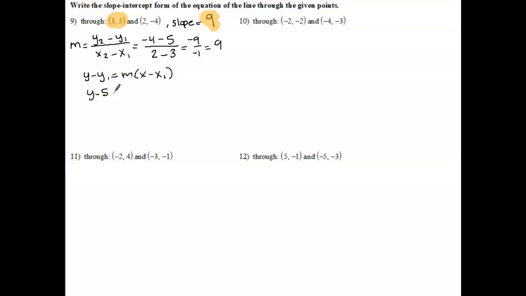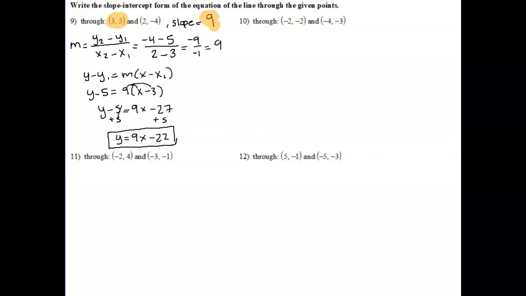Y minus 5 is equal to 9 times x minus 3. Distribute our 9. Y minus 5 equals 9x minus 27, and then add that 5 over to both sides. Y is equal to 9x minus 22. And this is the equation that passes through those 2 points.